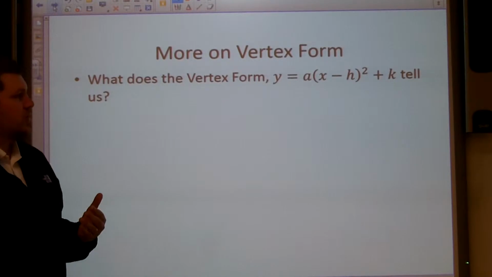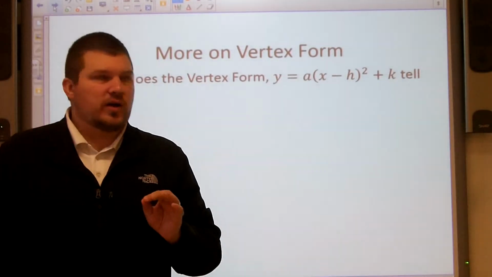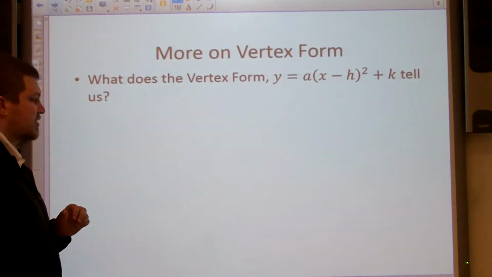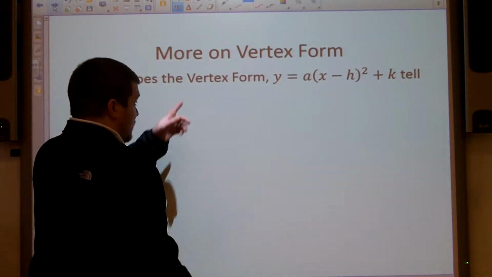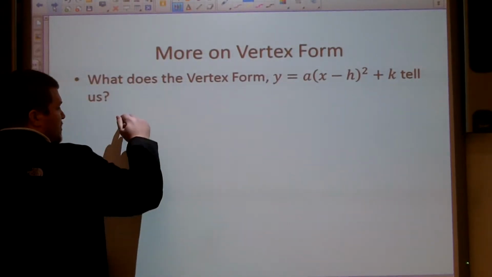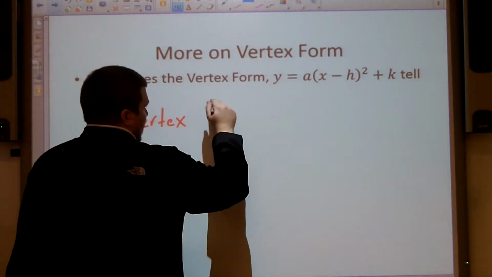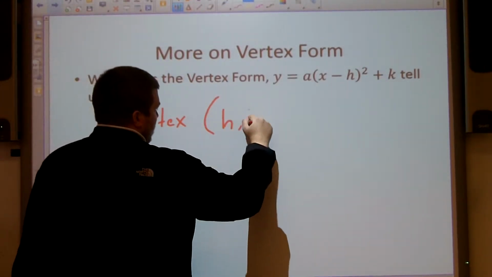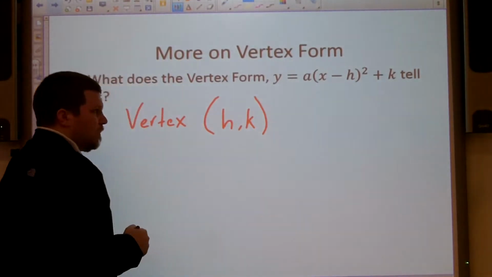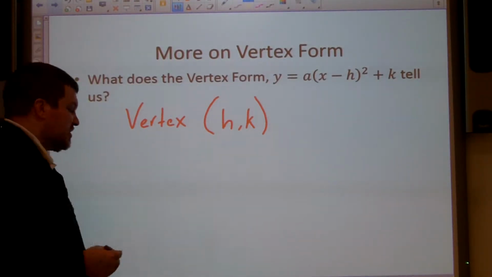Okay, so what does the vertex form, y equals a times quantity x minus h squared plus k, tell us? Well, first off, we know exactly, based on the name, this is vertex form. We know where the vertex lives. So the vertex is located at the ordered pair h comma k. And we also know a. a stays the same.